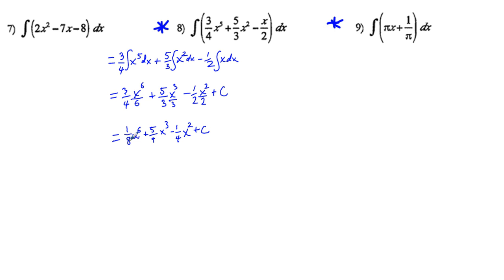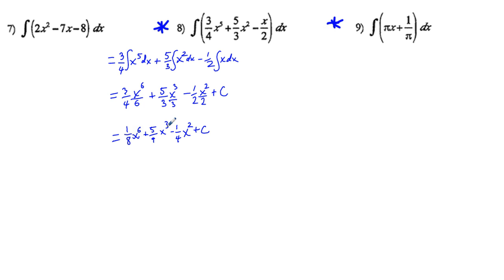And we know we're on the right track if we differentiate and get what we originally had. Okay, if we take 1/8 x to the 6 multiplied by 6, we'll have 6 over 8, or 3/4.